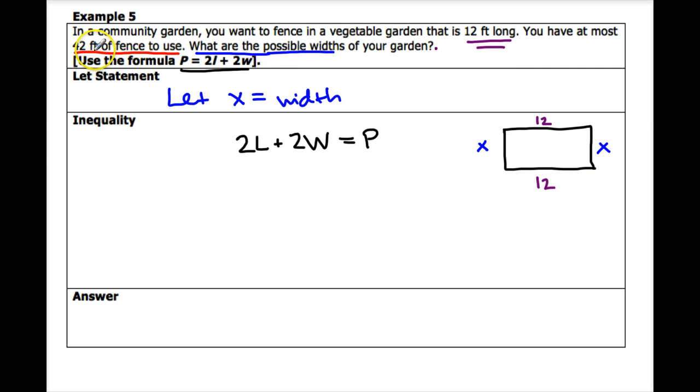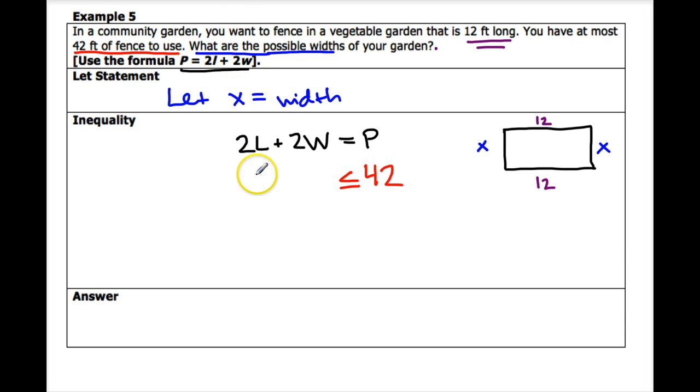So 42 is my perimeter for this one, so I'm going to make that P a 42. We have at most 42 feet of fence to use, so however much fence I use, it cannot exceed 42. I need to make sure that the left side here is less than or equal to 42. It can't be more than 42, otherwise we run out of fence.